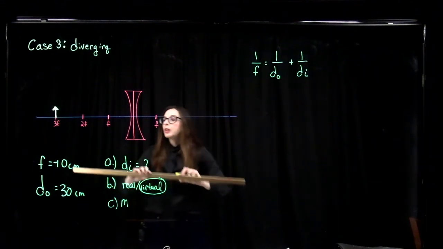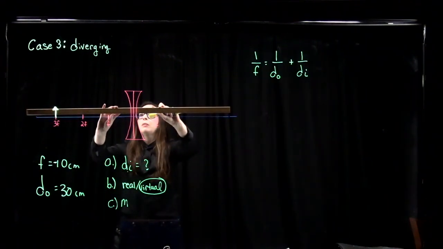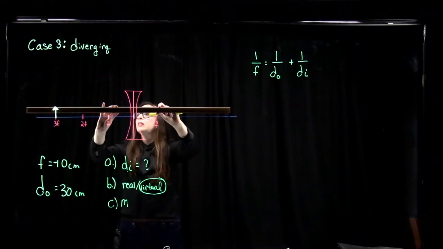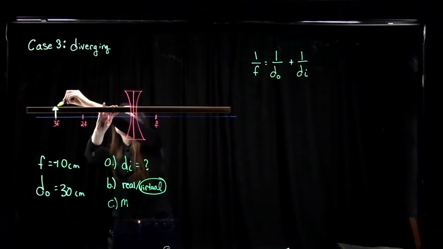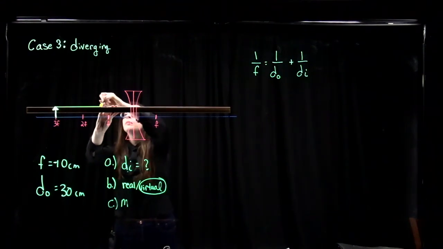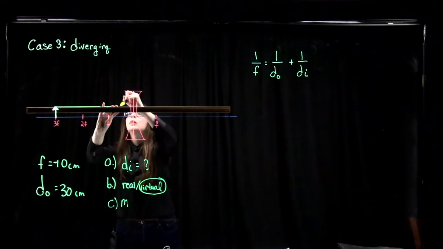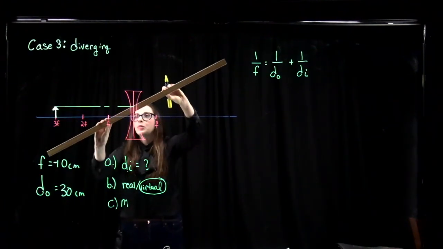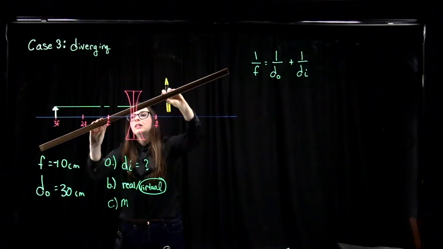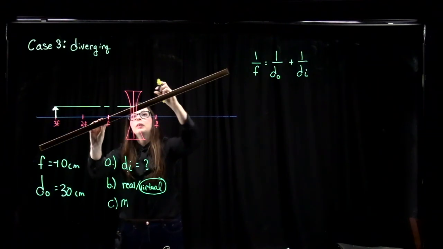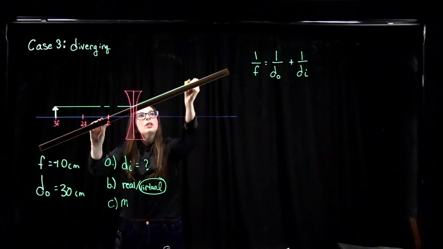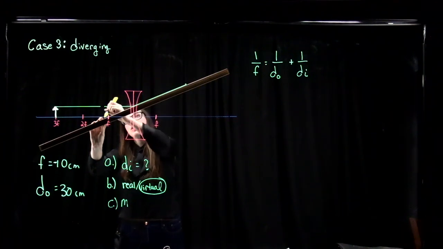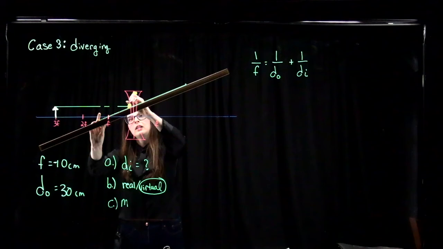Okay. So we're going to have a ray traveling parallel to the axis. There. And it's going to appear to come from our focal point F. So we're going to diverge over here, but we're also going to draw the extension that goes through the focal point here.